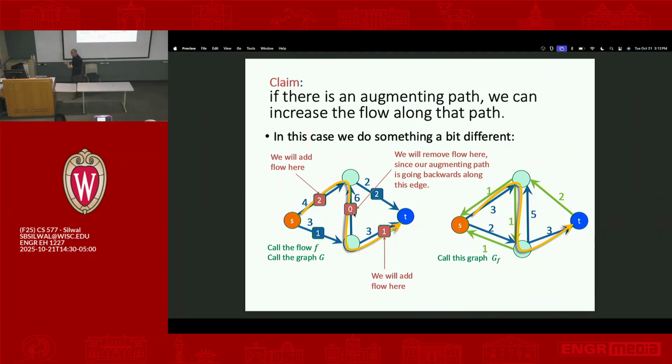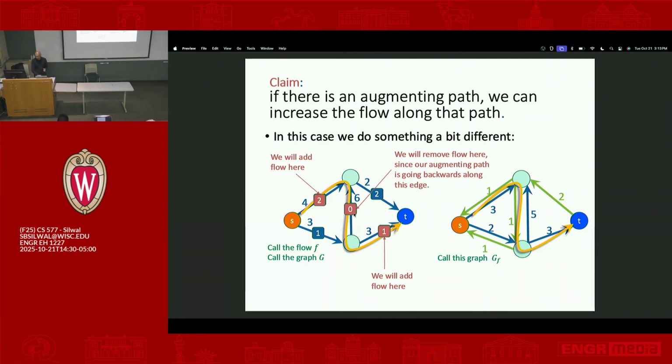And the intuitive reason why this still helps you is you're still pumping more stuff from S to T. This path is telling you how to send more stuff from S to T. It's just that in the intermediate steps, you may be canceling some stuff. But at the end of the day, as long as we satisfy that flow in equals flow out, and we're sending more stuff from S, then it has to end up at T. So that means you're still increasing the flow by 1.